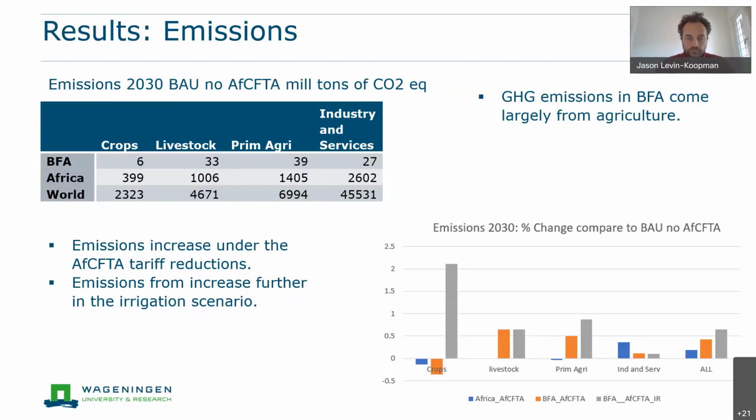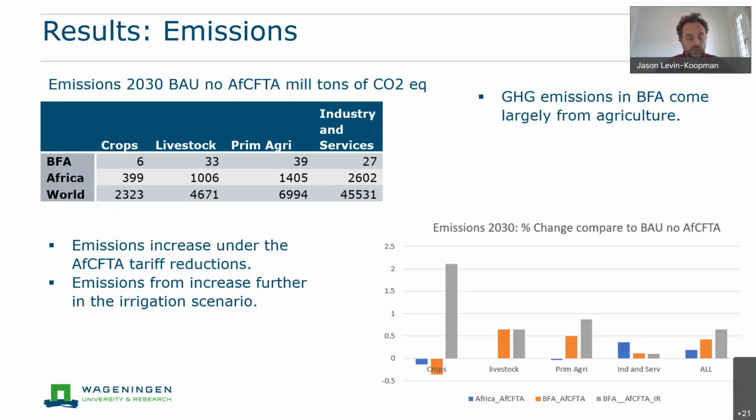Unlike Africa or the world, Burkina Faso is much more agriculturally focused, and more emissions actually come from agricultural activities than from industry and services, the non-agricultural activity. And again, primarily from livestock. The tariff reductions lead to a slight increase in livestock, which is the slight increase in primary agricultural production, and it leads to a decrease in crops.